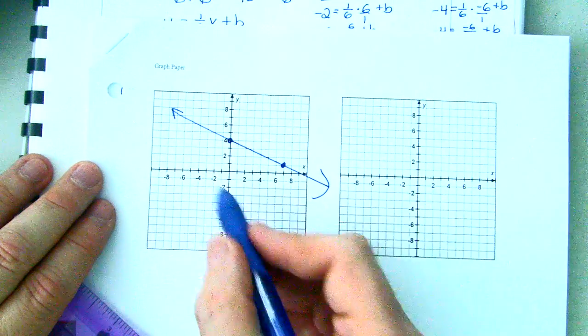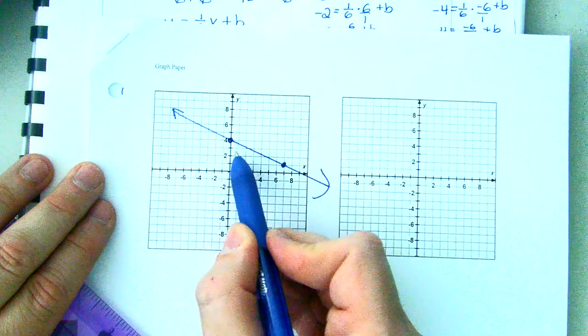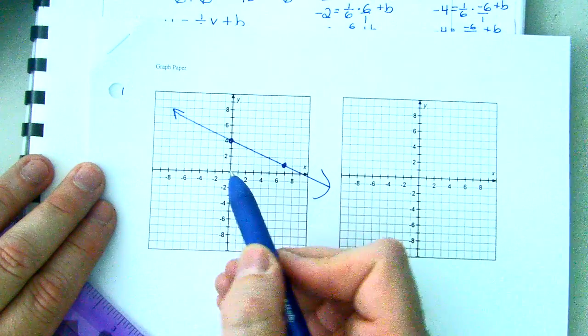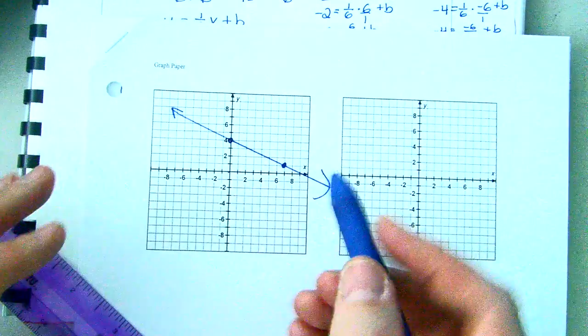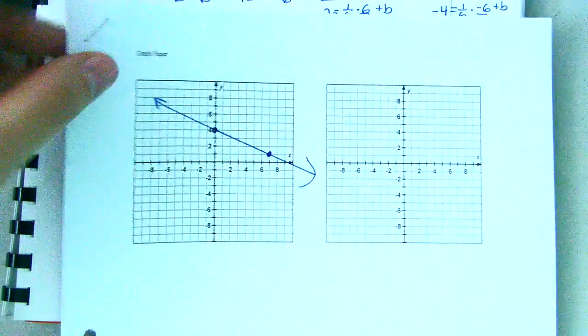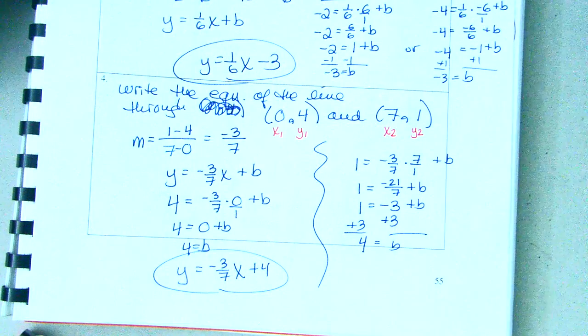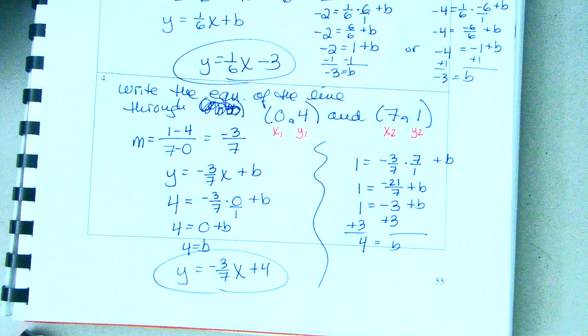If you have a point with an x of 0, its y has got to be your y-intercept. This is the point 0, 4. That puts it on the y-axis. Another little shortcut, I guess. When x is 0, that y value is your y-intercept. We don't really need to know that. We can just do our plugging in and everything works, but that really is just our y-intercept. We are going to practice more of these after math break. I'm going to shut off this.